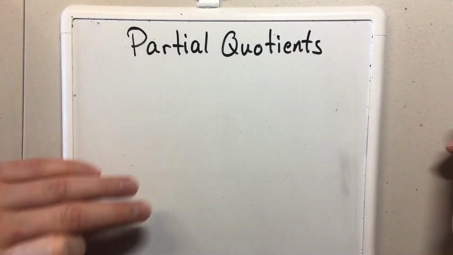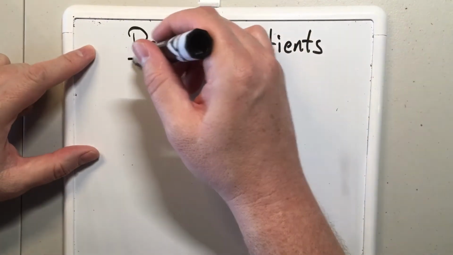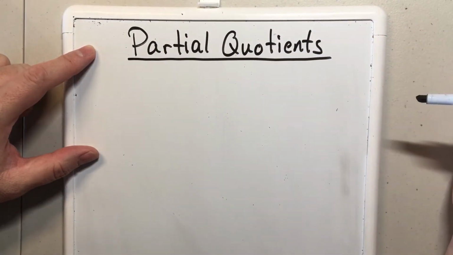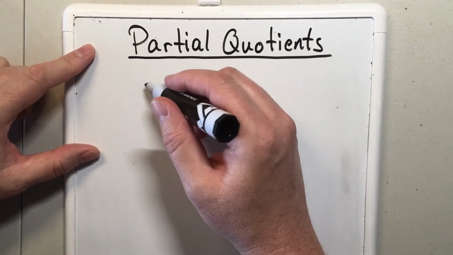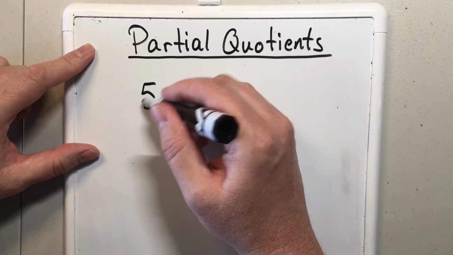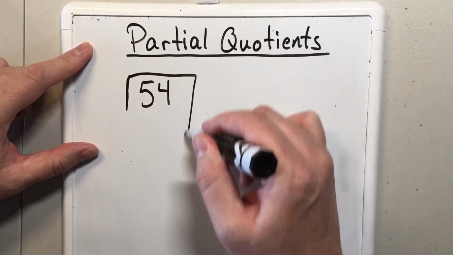With partial quotients, what we're trying to do is multiply numbers to get to the answer. So let's go ahead and take a look at an example. Let's take a look at 54 divided by 6.